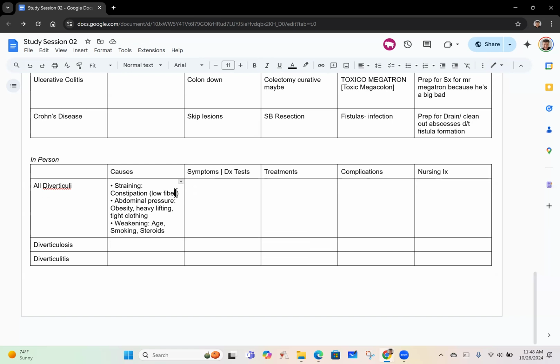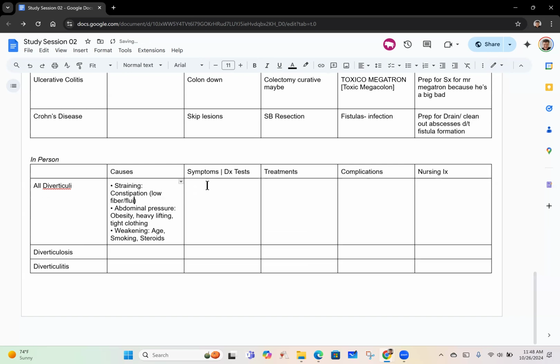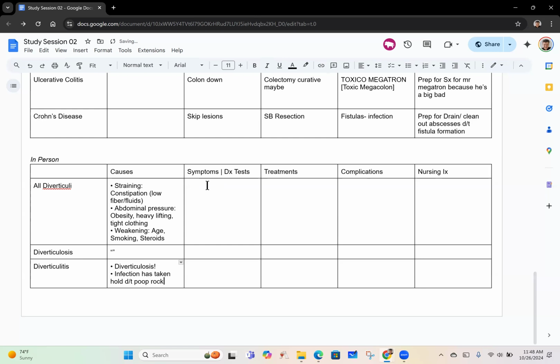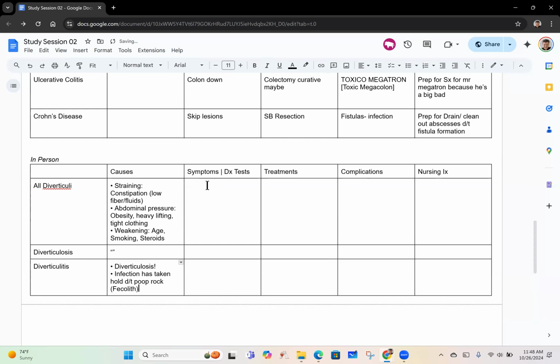Yeah, it can be low fiber, low fluids. Okay, and then diverticulosis, right? See above. And then diverticulitis, the cause is diverticulosis, right? But it's really an infection that has taken hold. To poop rock, right? Fecal death.